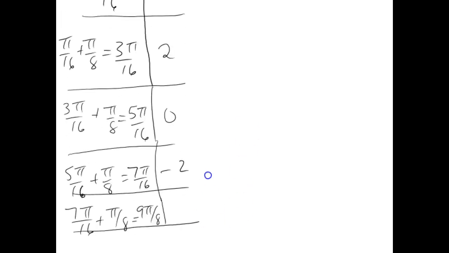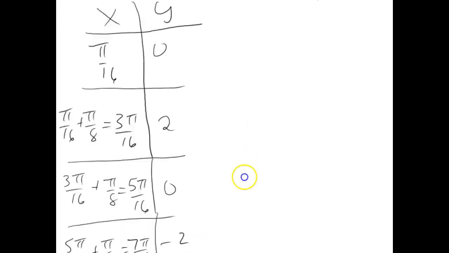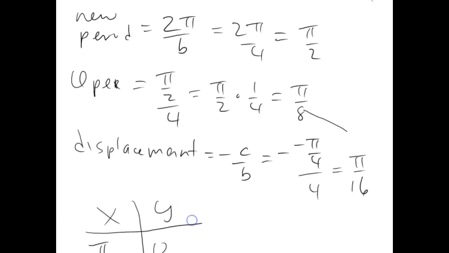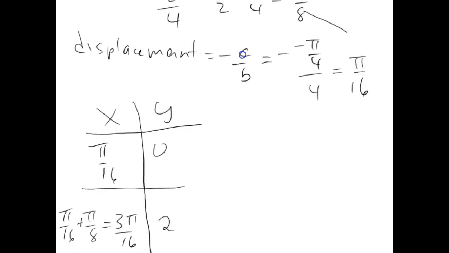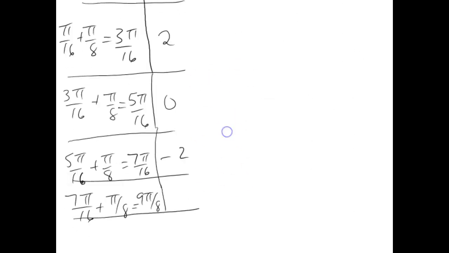We take the 9 pi over 16 we found here, replace it again with the x into here, so 4 times 9 pi over 16, so that's going to be 36 pi over 16 minus pi over 4. That breaks down to 2 pi, which is 360 degrees. Sine of 360 degrees is 0. 2 times 0 is 0. So now we have our points.